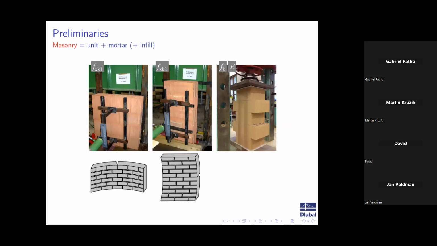And then you bind these 2 or 3 things together, and you can make some tests. These are tests prescribed by the Eurocode. You have some flexural tests in different directions. You get some values, and on the right side, this is a standard compressive test to test the compressive strength of the masonry as a whole structure.